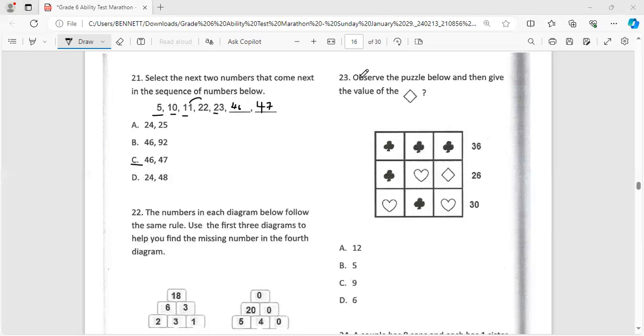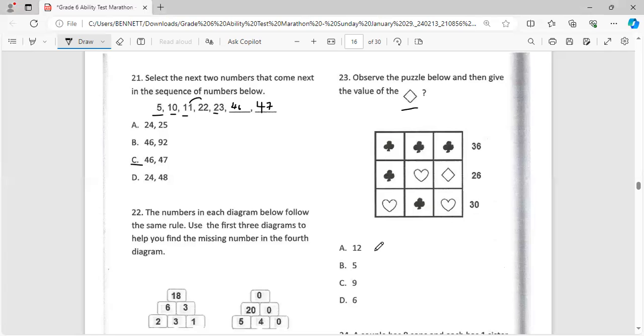6, sir. 6. How did you get 6? Sir, I got 5.